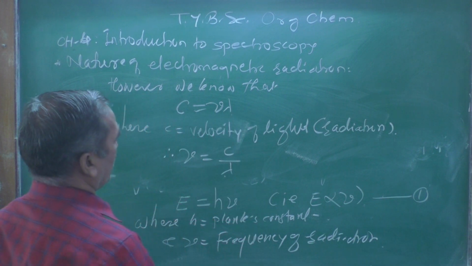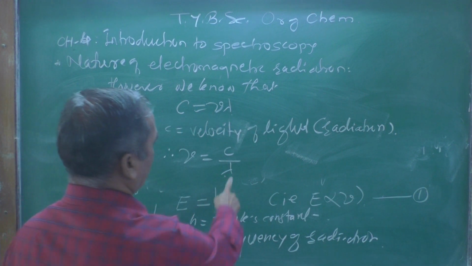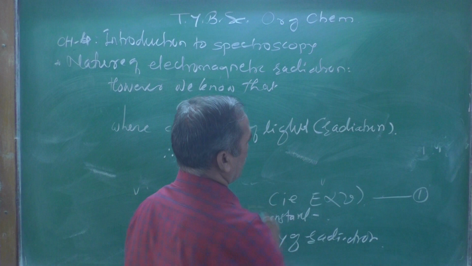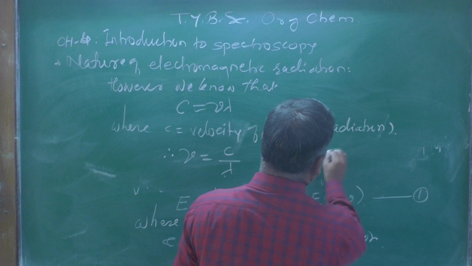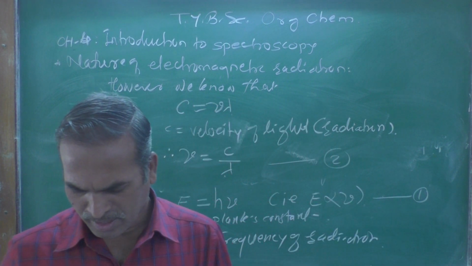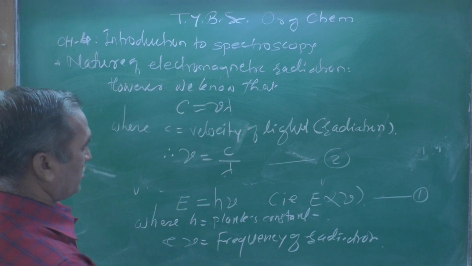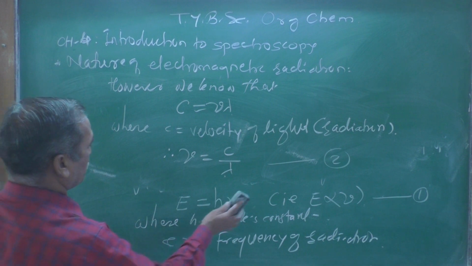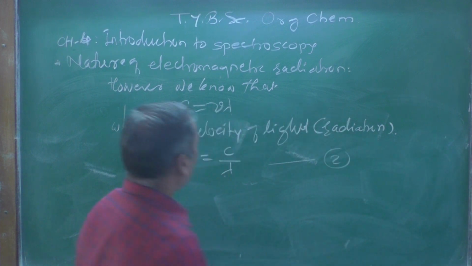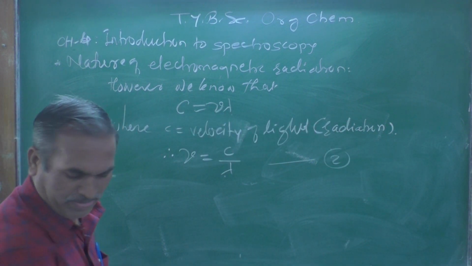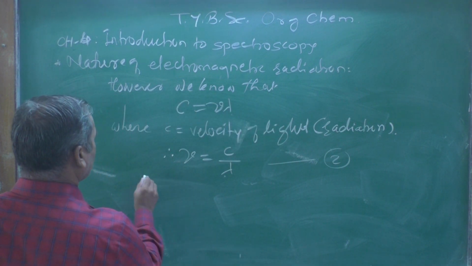The lambda goes from the right-hand side to the left-hand side, so it becomes the denominator. This equation you can call equation number 2. And substituting this in equation 1, what do you get?